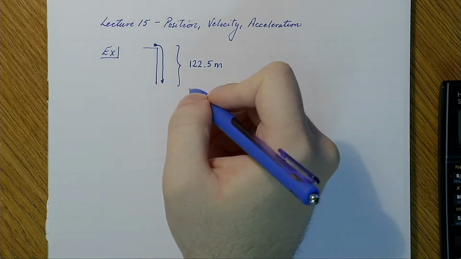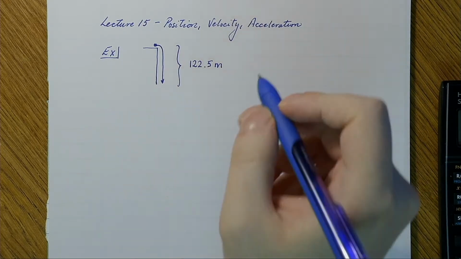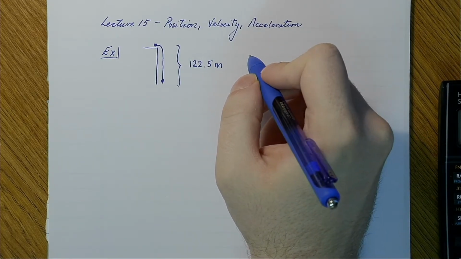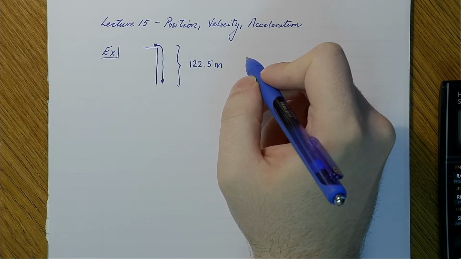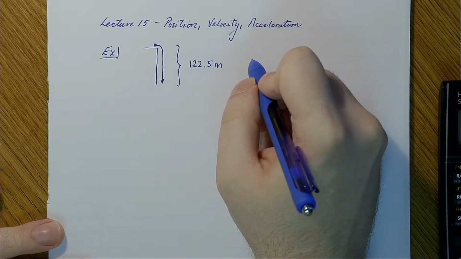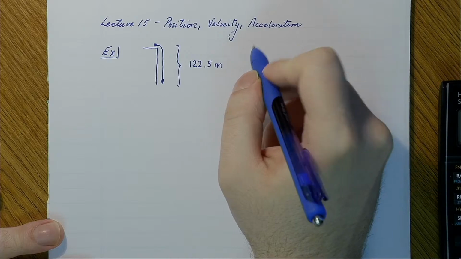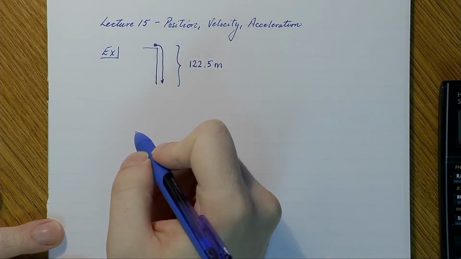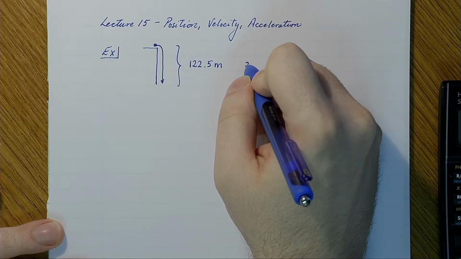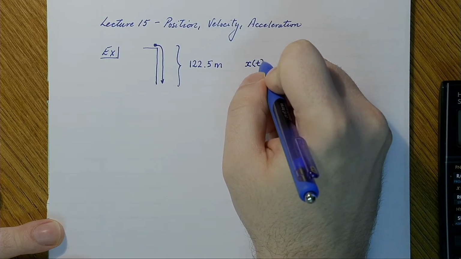So let's see, what is the position function? I know that it'll follow some sort of function. So it should be, let's say, x of t.